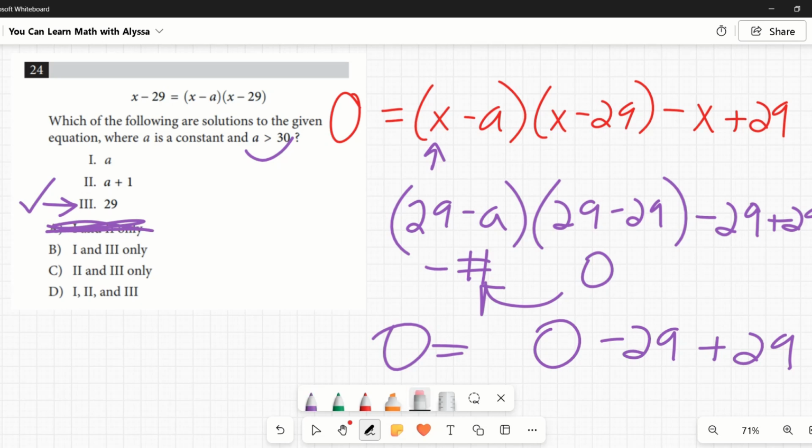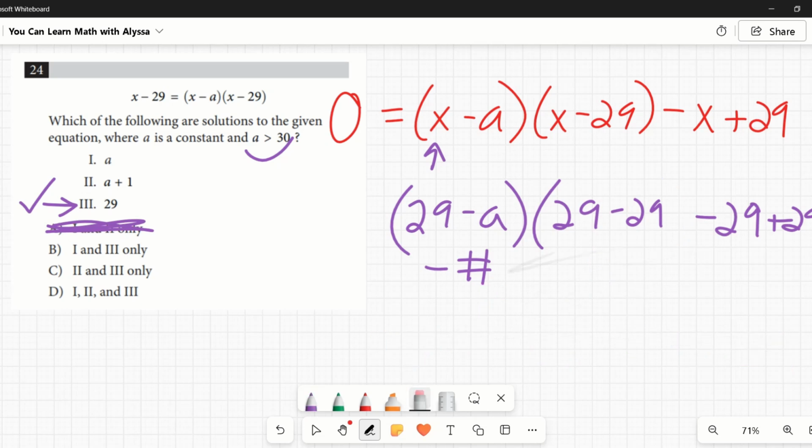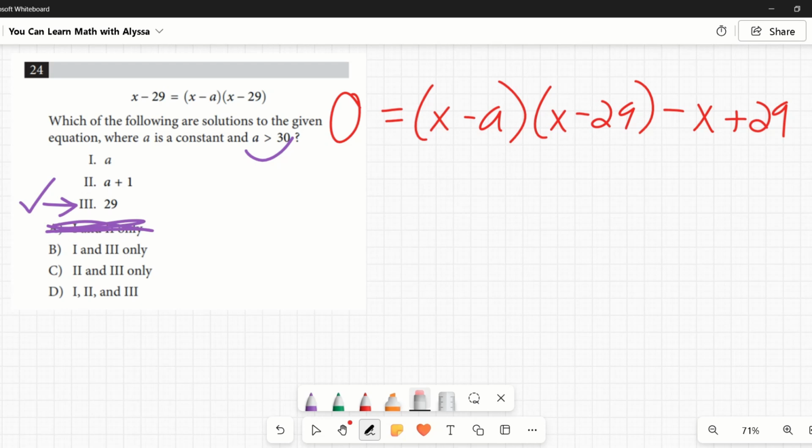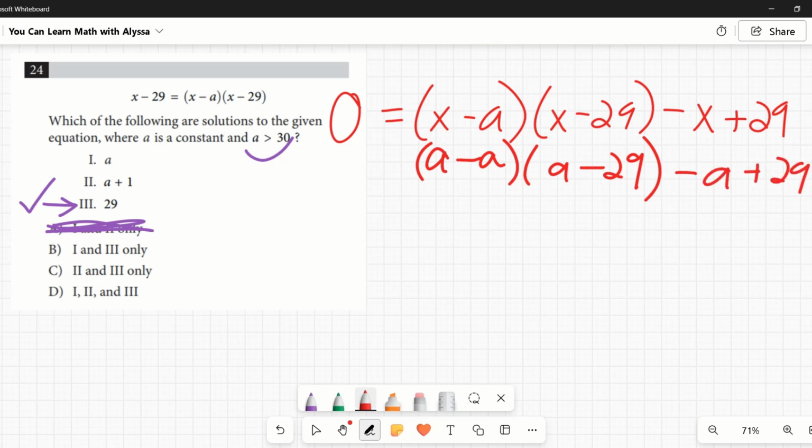Okay, so let's try one of these others. Let's try if x is a. All right, so a minus a times a minus 29, minus a plus 29. Okay, so a minus a is 0.